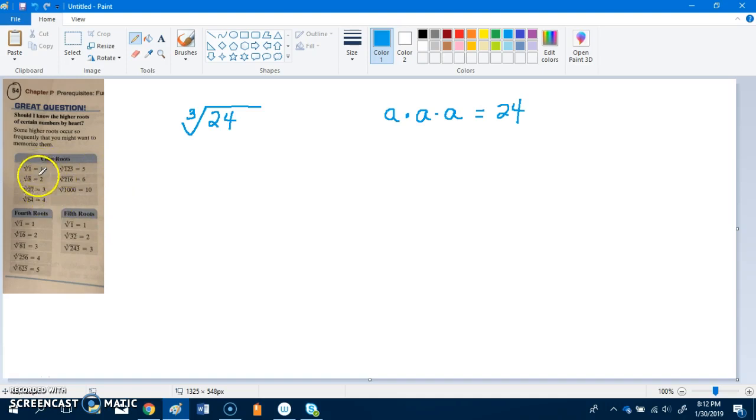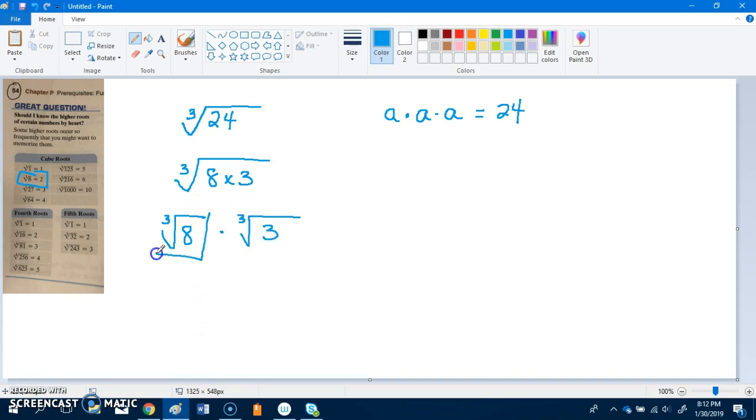But if we look at these, we can see that the cubed root of 8 gives us 2, and 8 is a factor of 24. So we can use that. We can say 8 times 3 is equal to 24. And then what we can do is separate these into two cubed roots like that.